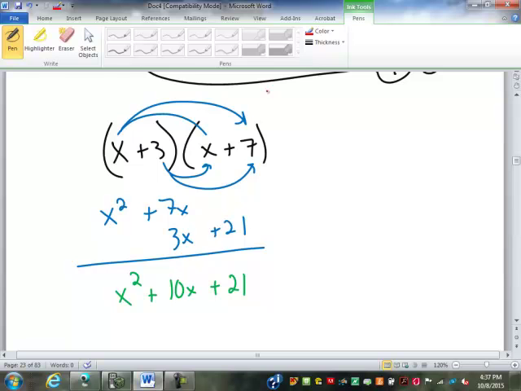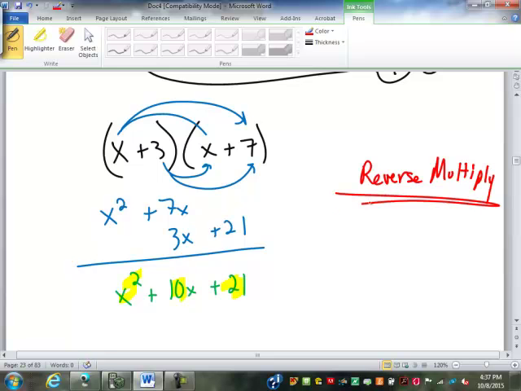No, there is no greatest common factor there. So the next step, and it only works if it has 3 terms, is to try to do reverse multiplication. Sometimes referred to as FOIL in reverse.